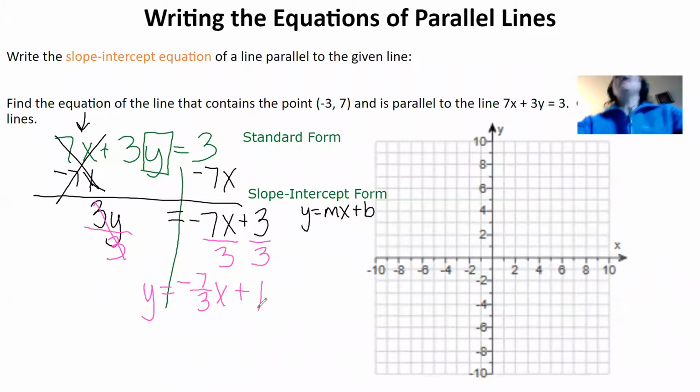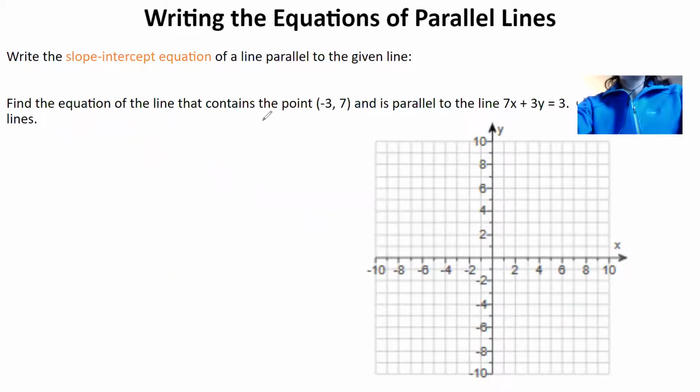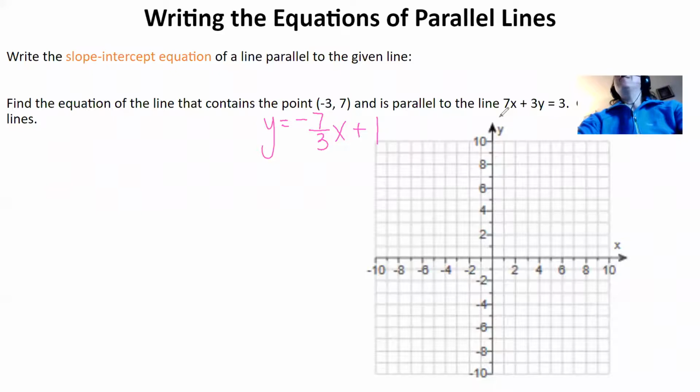We just leave it as a fraction. So I can see that my equation is y equals negative 7/3 x plus 1. So that equation is this original line.